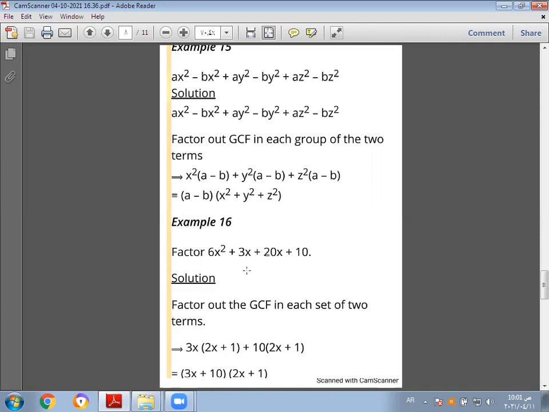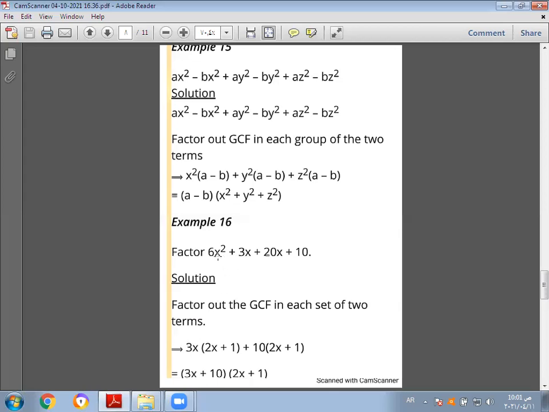Another example. Factorize 6x power 2 plus 3x plus 20x plus 10. We take 6x power 2 plus 3x as one group and 20x plus 10 as another group. In 6x power 2 plus 3x, we can take 3x as HCF.